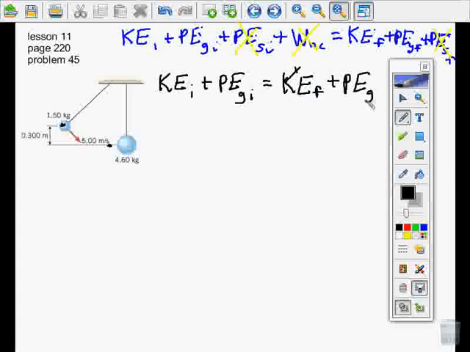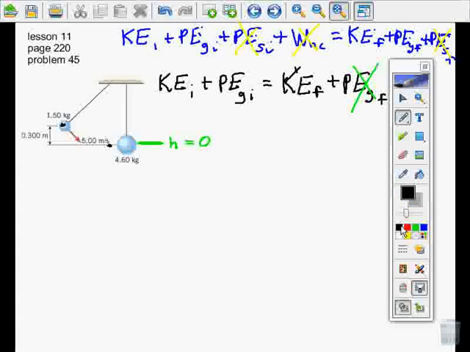Do we need the final potential energy to be 0? Correct. Wait, no, what are you trying to find again? The final velocity. If we choose this to be h equals 0, then you're absolutely right. The final gravitational potential energy is 0.